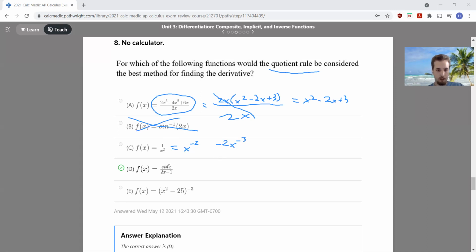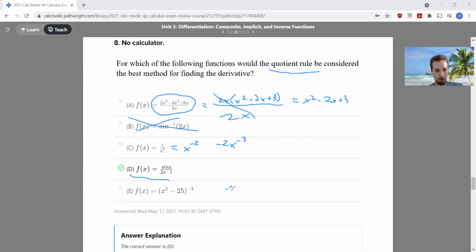D, sine x over 2x minus 1. Well, sine x and 2x minus 1 can't simplify, right? We have a quotient, and there's no way to get rid of this quotient, so D is actually going to be our answer. E, for the same reason as C, is just going to be chain rule because we're just going to use power rule.